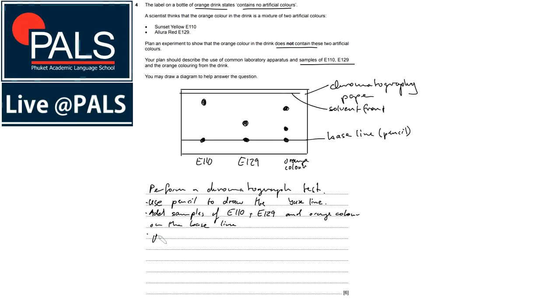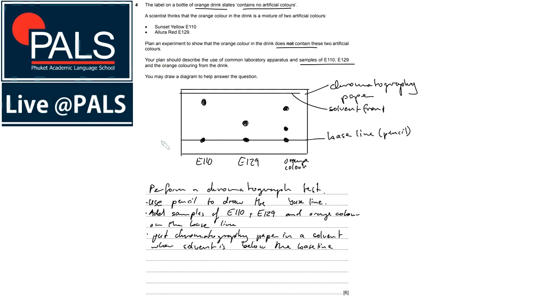Then something like put the chromatography paper in a solvent, where the solvent is below the baseline.